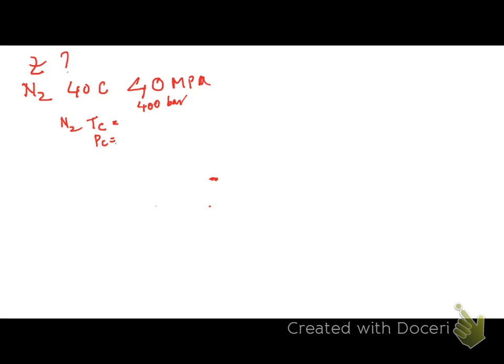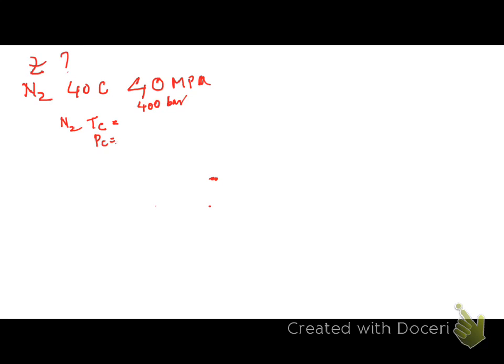If you go to your tables at the back, you should see PC and TC. Appendix B, the B1 table, will give you the values for nitrogen.